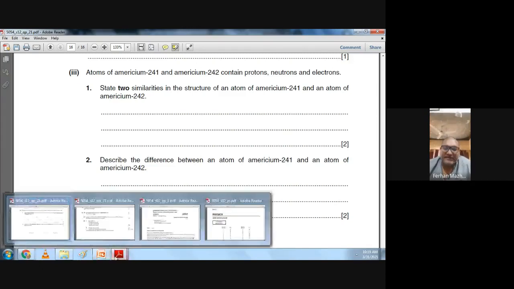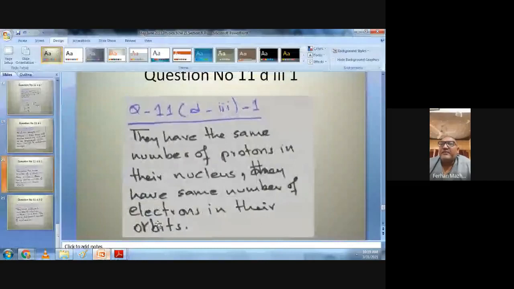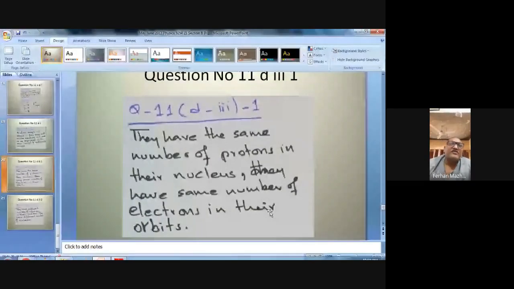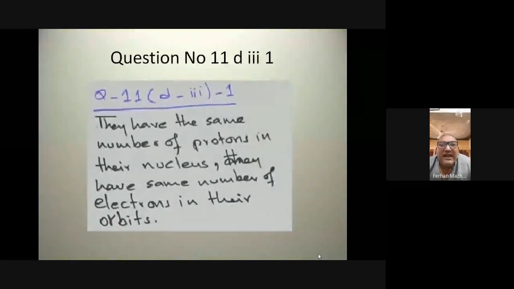Let me show you my answer. They have the same number of protons in their nucleus. They have the same number of electrons in their orbits. That's the similarity between them.